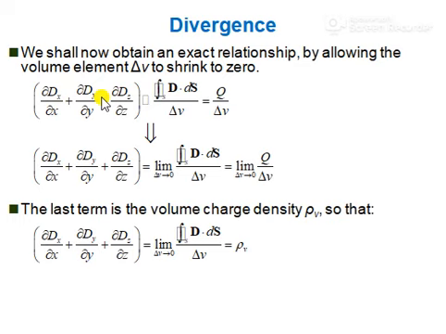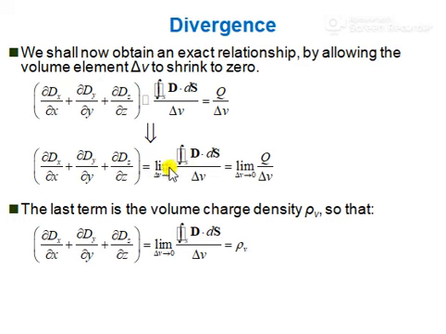From the previous differential volume element we know that the charge enclosed is equal to (∂Dx/∂x + ∂Dy/∂y + ∂Dz/∂z) times delta v, that is Q. Here we take Q as the integration over the closed surface D dot dS.